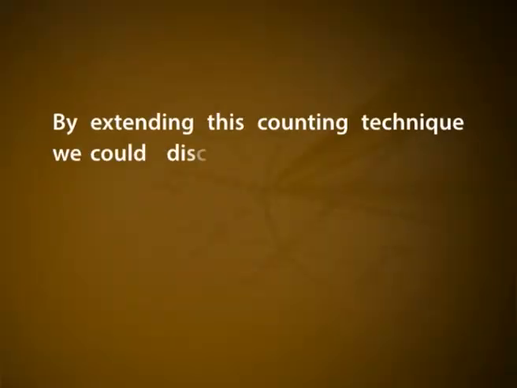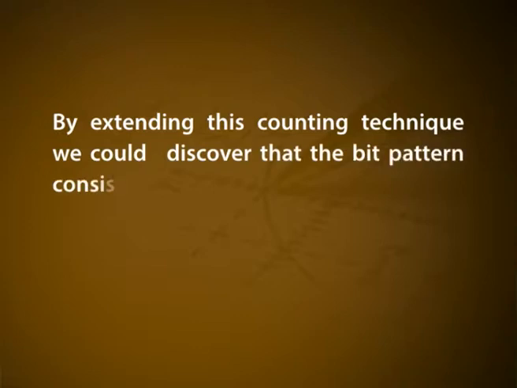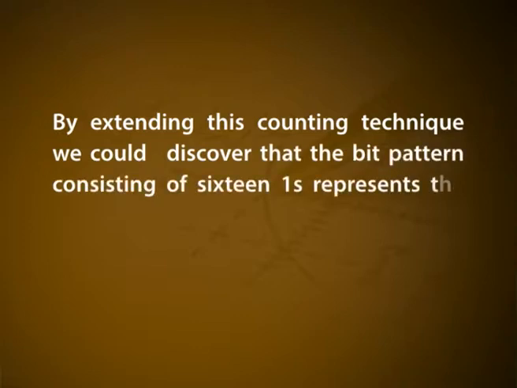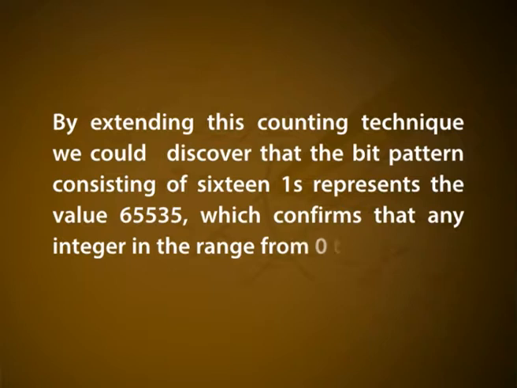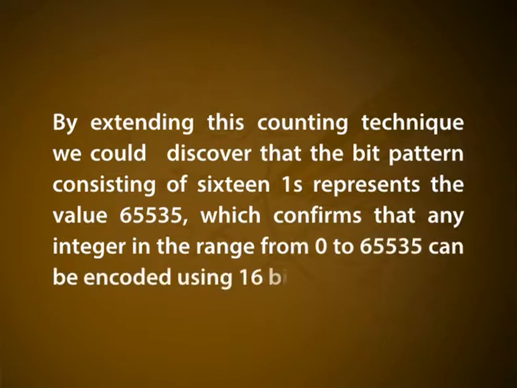By extending this counting technique, we could discover that the bit pattern consisting of 16 ones represents the value 65,535, which confirms that any integer in the range from 0 to 65,535 can be encoded using 16 bits. Due to this efficiency, it is common to store numeric information in a form of binary notation rather than encoded symbols. A system called 2's complement notation is common for storing whole numbers because it provides a convenient method for representing negative numbers as well as positive.